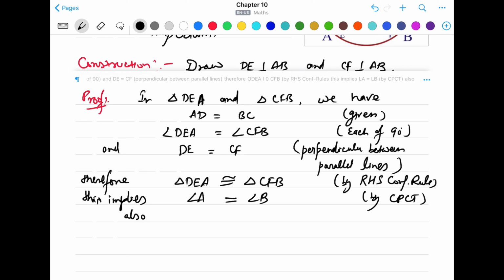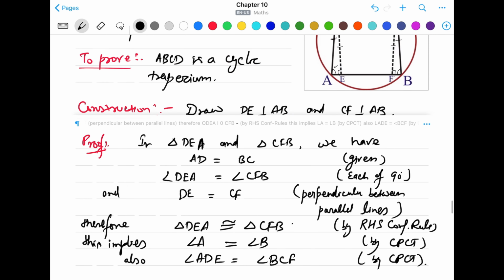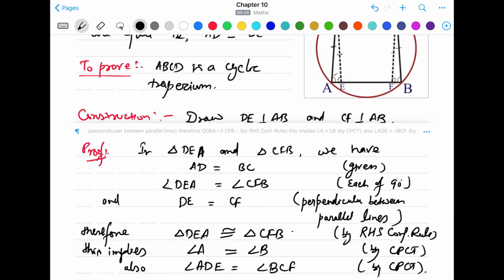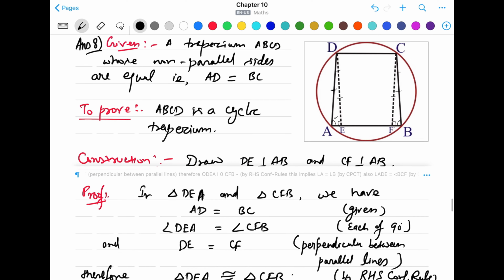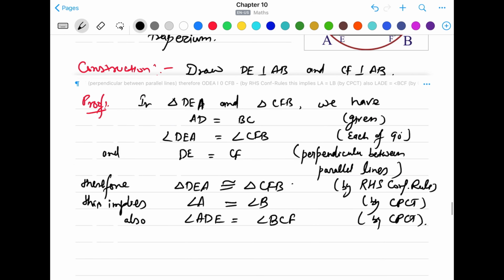Angle ADE is equal to angle BCF. This is also by CPCT. Since these two triangles are congruent, the corresponding angles A and B are equal. Similarly, ADE and BCF are also equal.